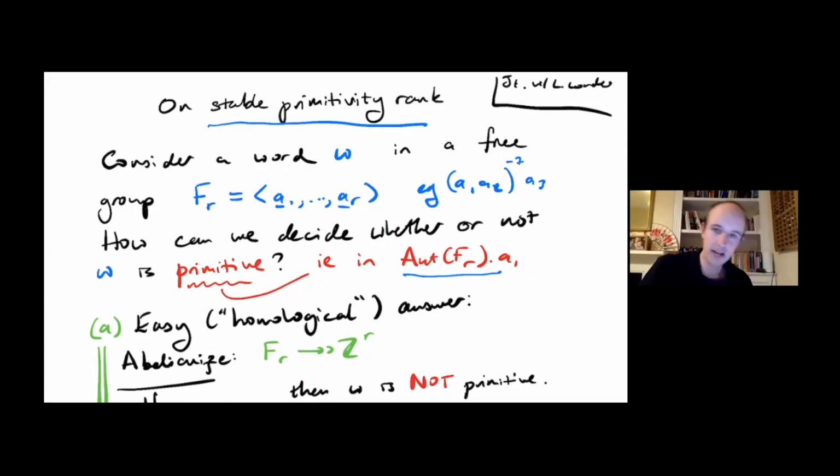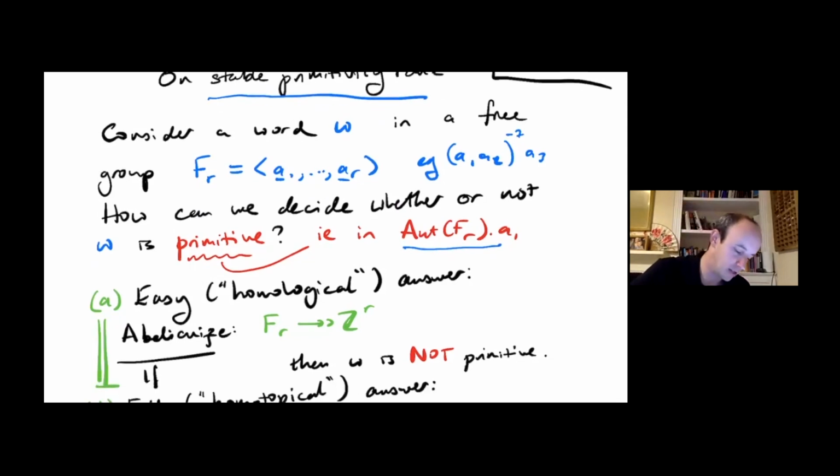Now I want to talk about 2 ways to think about the problem. The first way is an easy answer that you can try to use, which will not always give you the right answer. Because I like to think about things in topology, from a topological point of view I call this the homological answer. It's a bit like the homology groups of a space: when they give you the answer you want, they're easy to compute, but sometimes they don't work.